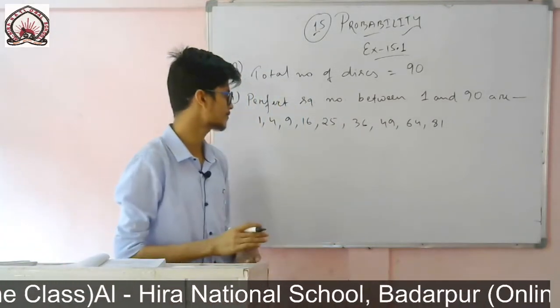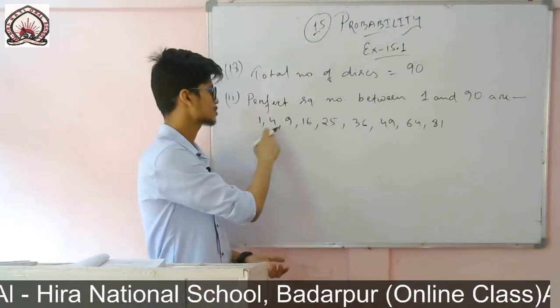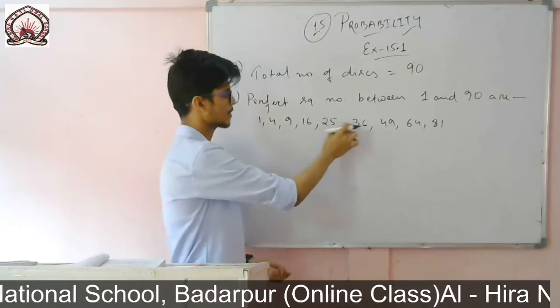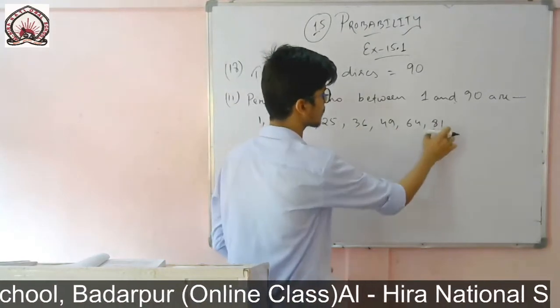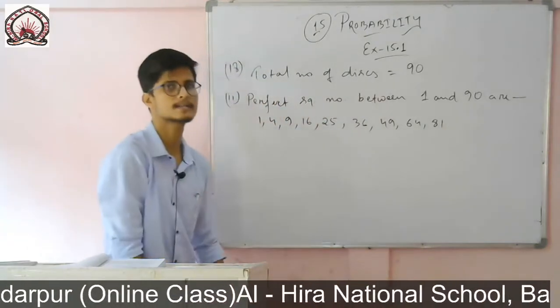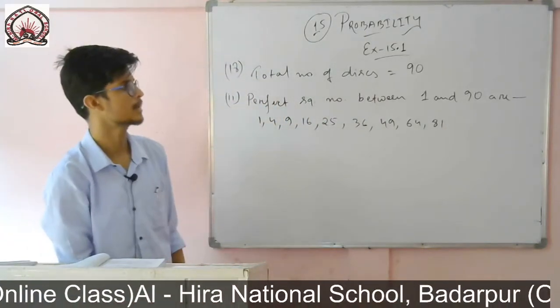So it will be 1 square, 2 square, up to 9 square. 10 square it is 100. It is a 3-digit number and it is not between 1 to 90 also.